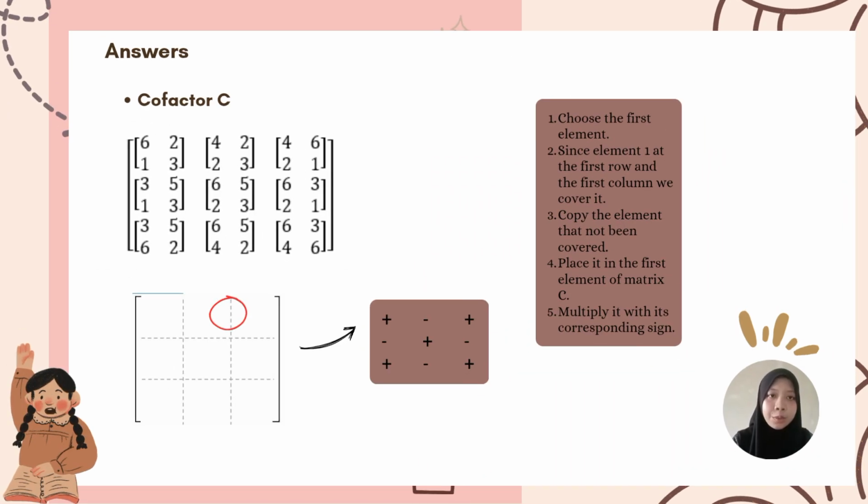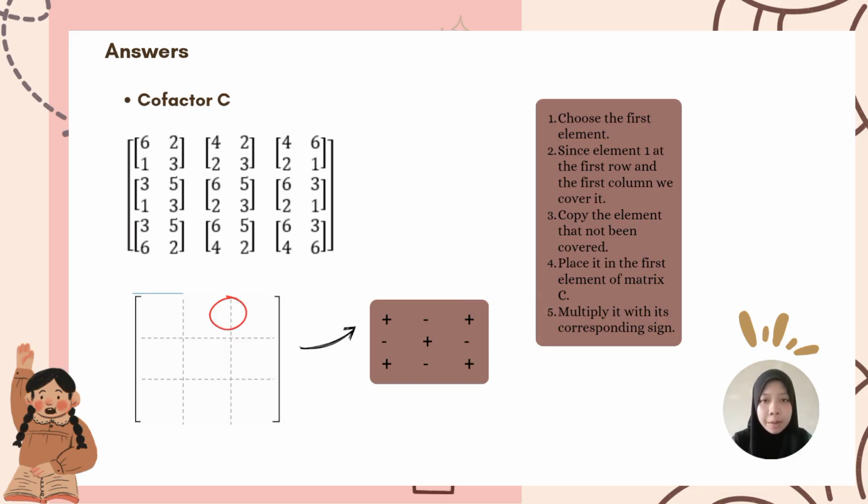The next step is to find the cofactor matrix labeled as matrix C. To do this, we must find the determinant of the 2 by 2 minor for every single element in matrix A. As you can see in the diagram, we follow a specific pattern of signs: plus, minus, plus, and so on.